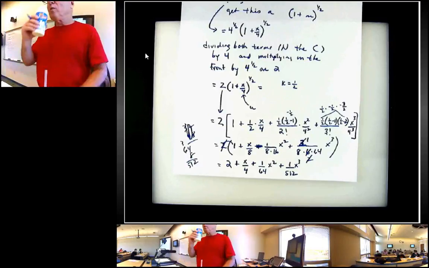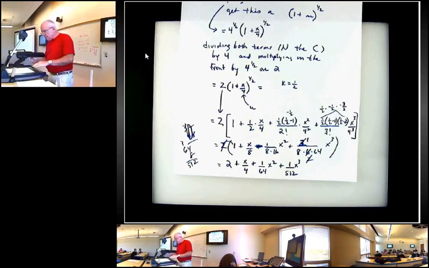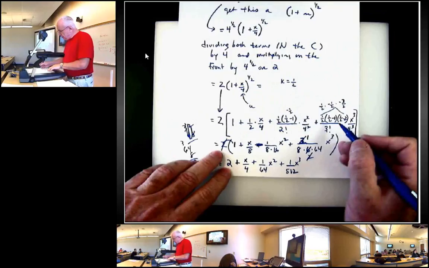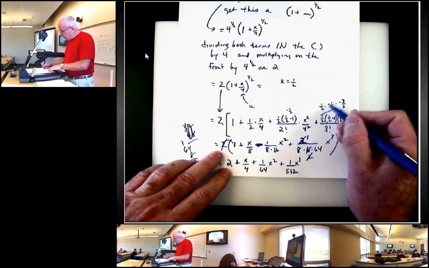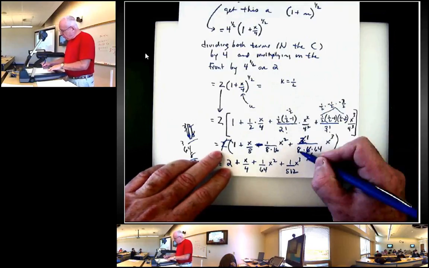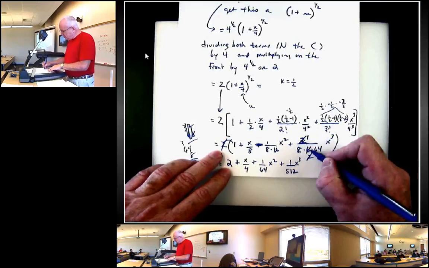Well, I was working on my own, and I got to the last term, I still had it over 128. Okay, so you got 128. Let's see what we got here. Okay, so we came up with positive 3 over 8. We had a 3 factorial, which is a 6.